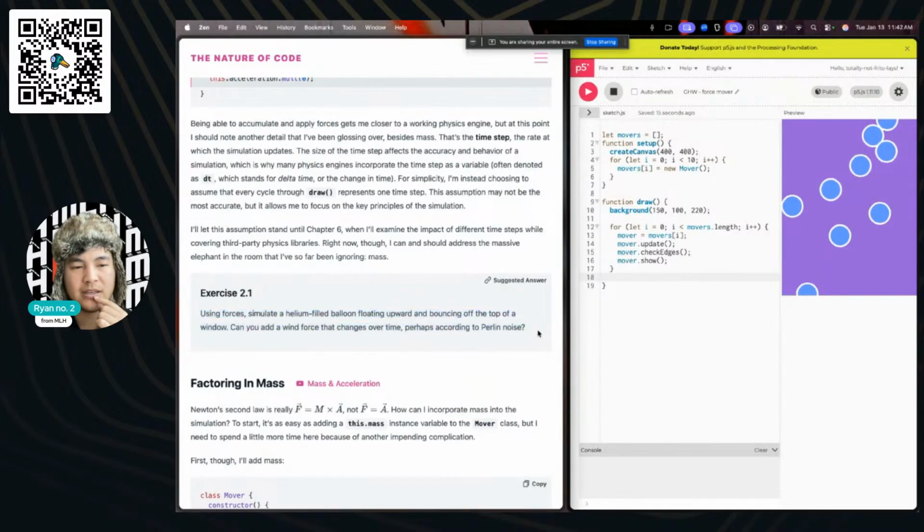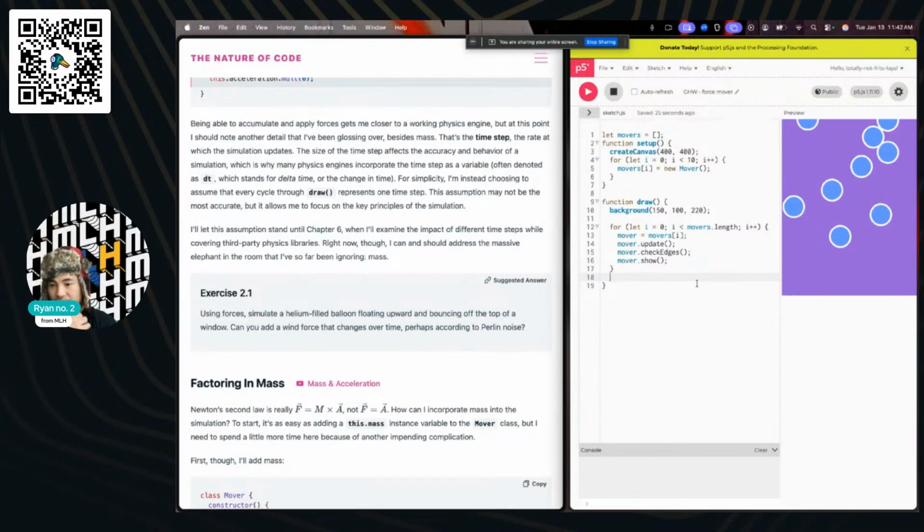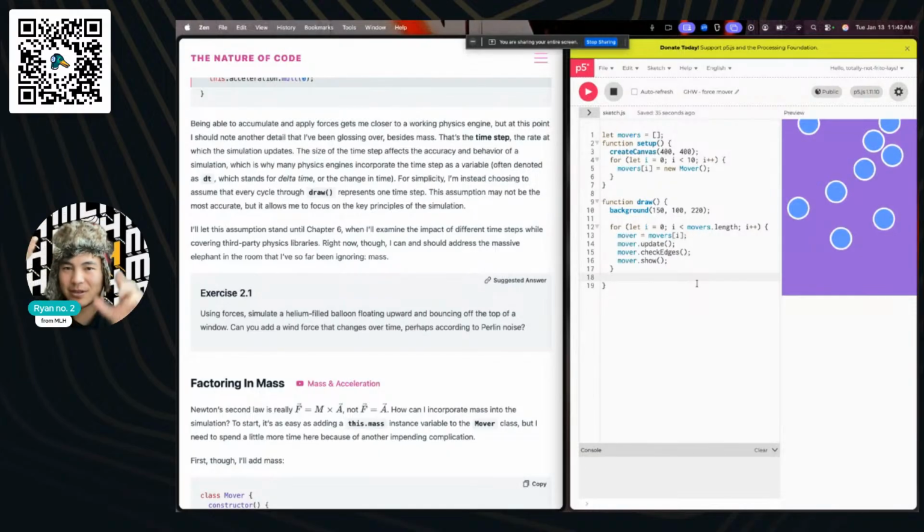Can we add in a wind force that changes over time, perhaps according to Perlin noise? Okay, so Perlin noise is something that was introduced in one of the first chapters of this textbook, and Perlin noise is just a thing for smoothed randomness. Usually if we have purely random values, it jumps all over the place.